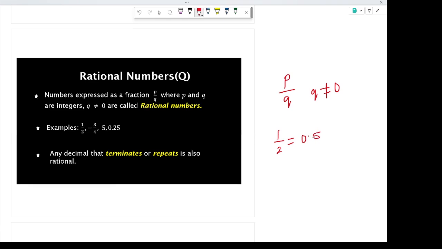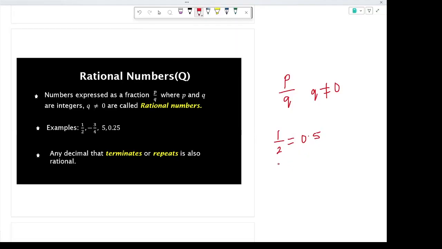You can see the decimal terminates. Also, if you have 7/8, which is 0.875, the decimal terminates after 3 digits. This is a terminating decimal, so this is an example of a rational number.